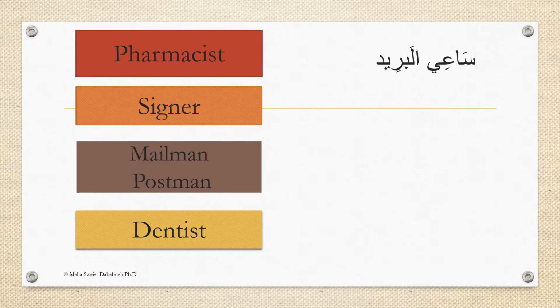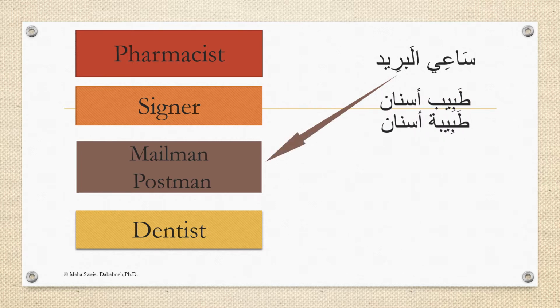Next, the same one. Try to find out the meaning of ساعي البريد. Which one is the correct answer? ساعي البريد. The correct answer is yes. ما معنى طبيب أسنان؟ طبيبة أسنان.